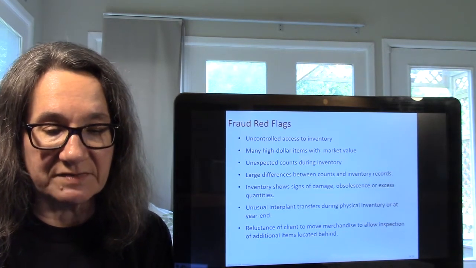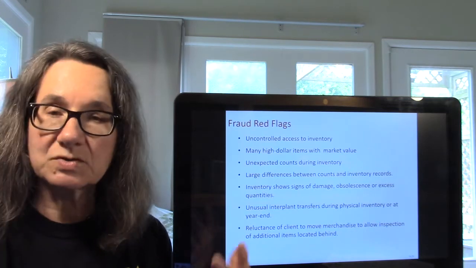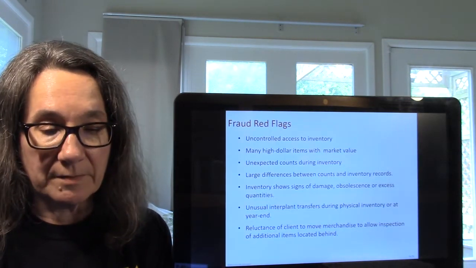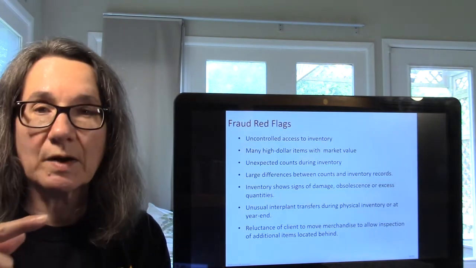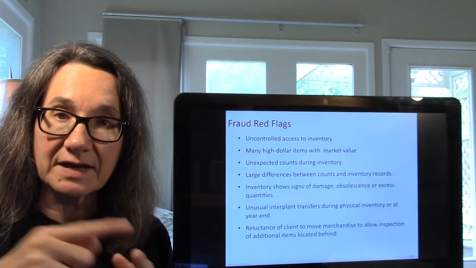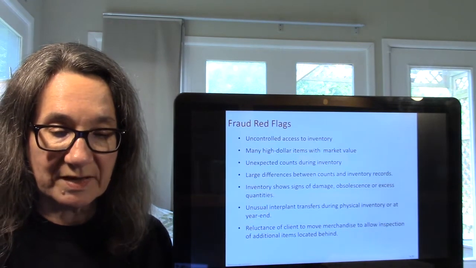Inventory shows signs of damage, obsolescence, or excess quantities. So damage or obsolescence, they're not worth as much. So that could be on purpose, then that would be fraud. Excess quantities, so sometimes producing in order to get inventory. Unusual interplant transfers.